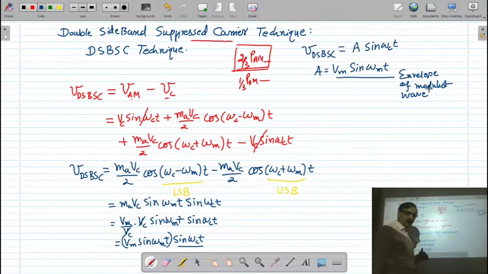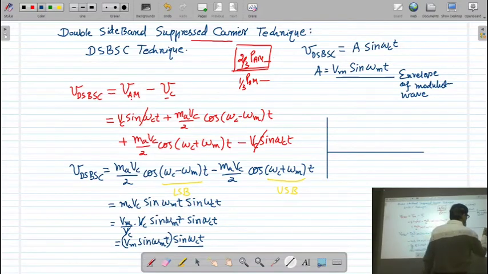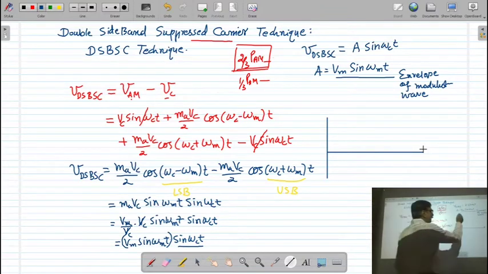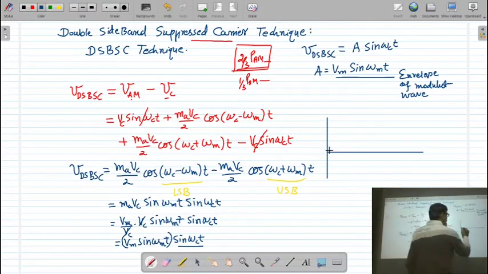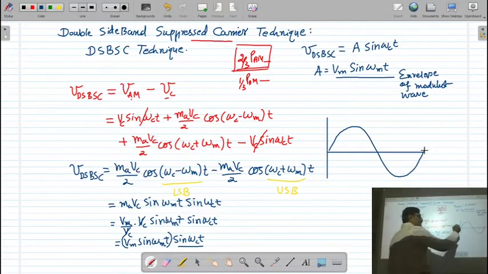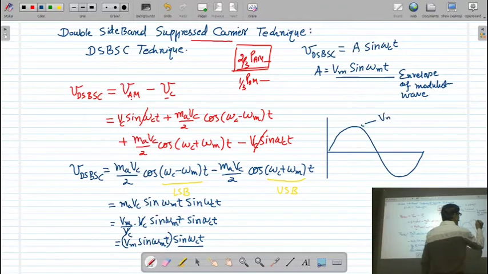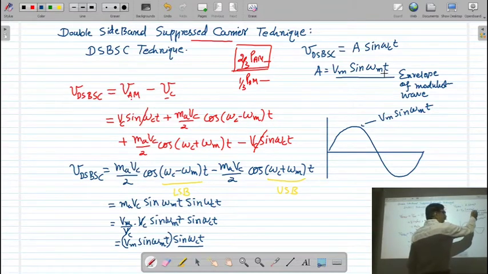Now if I draw the waveform, it will be like this. First of all, I will draw an envelope, and envelope means it is Vm sin omega mt, so it will be varying according to this. You can say this is Vm sin omega mt. When this sign is positive, at that time we have this kind of shape.